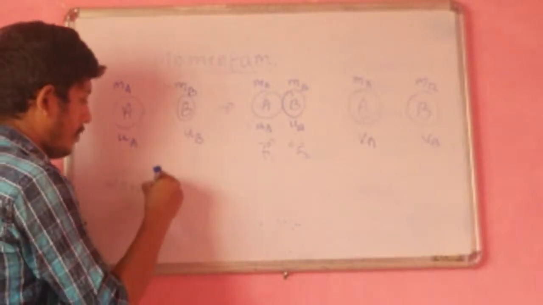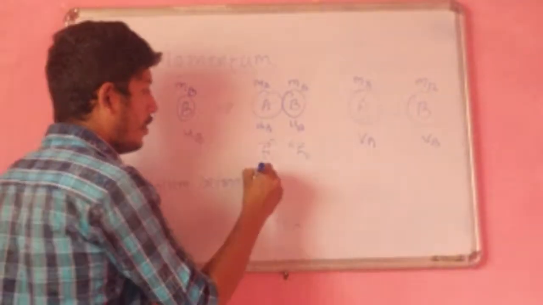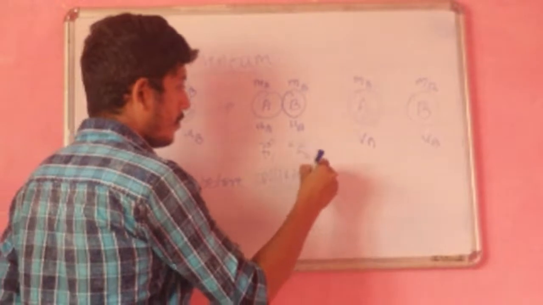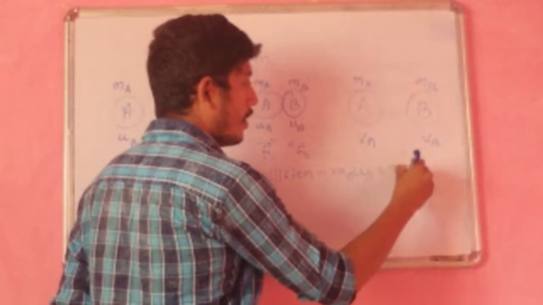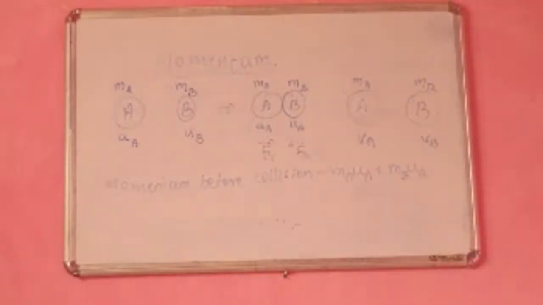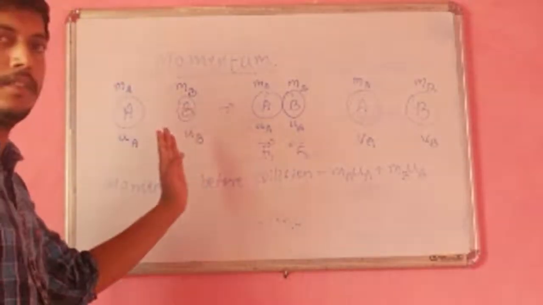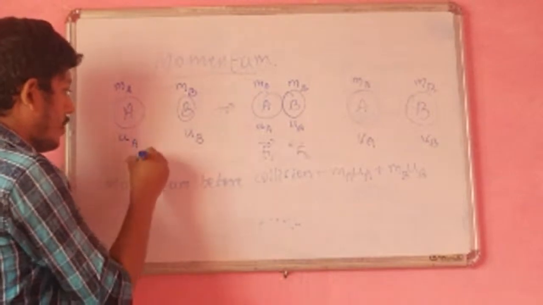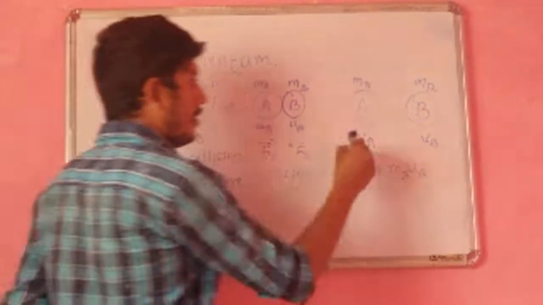momentum before collision is equal to mA uA plus mB uB, because you have the momentum of the first object and the momentum of the second object. So this is before collision, and this is after.